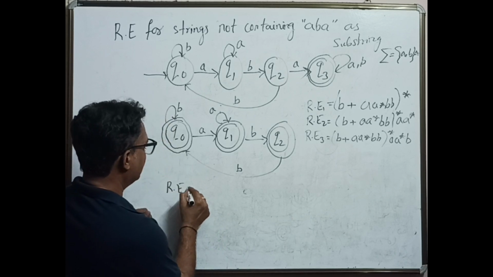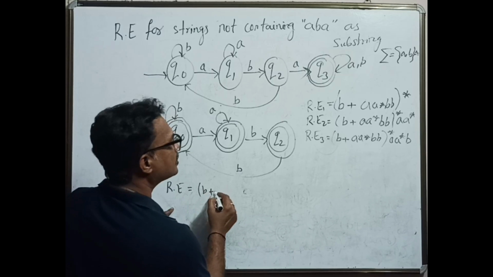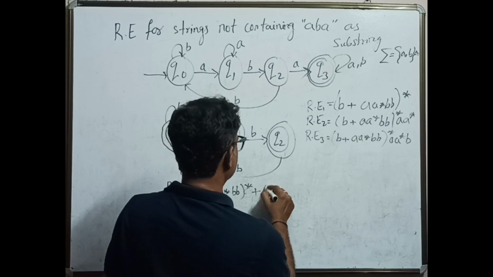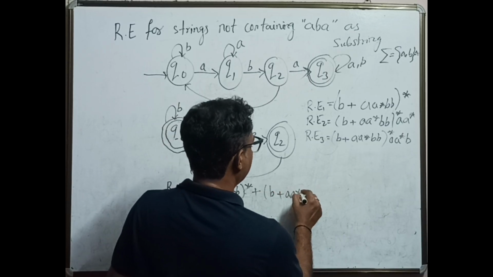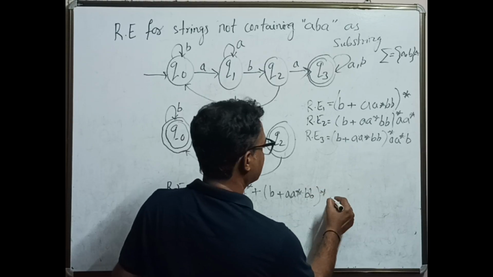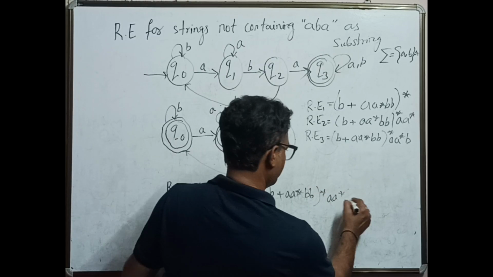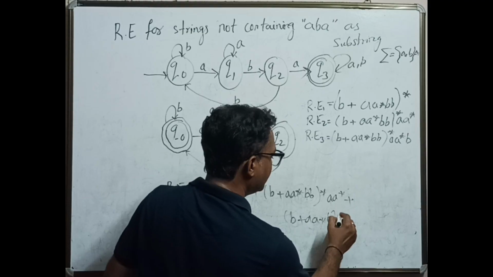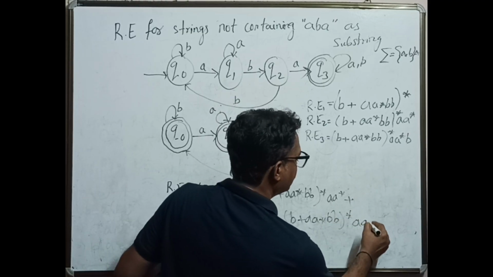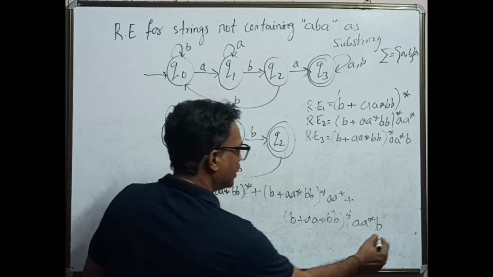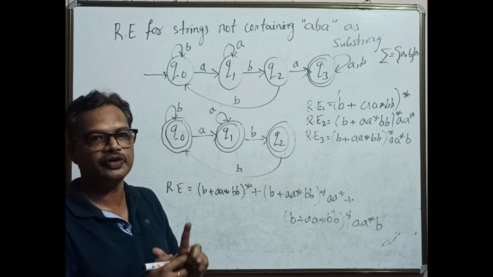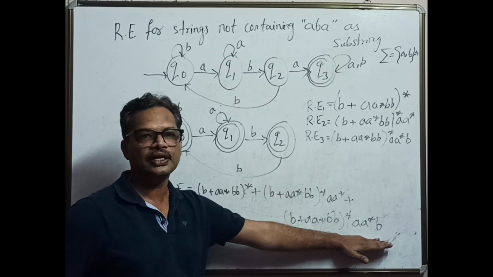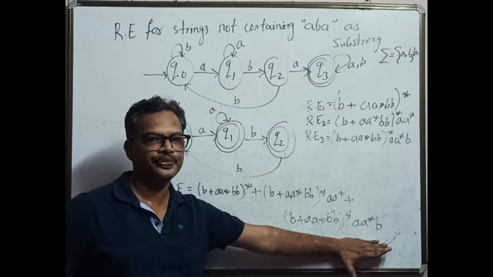Regular expression RE is equal to B plus AA star B whole star plus B plus AA star BB whole star AA star plus B plus AA star B BB whole star into AA star, and this is our regular expression for the given problem statement. Now you can further simplify this, or you can keep the answer at this level. That is also accepted. Hope you understood.